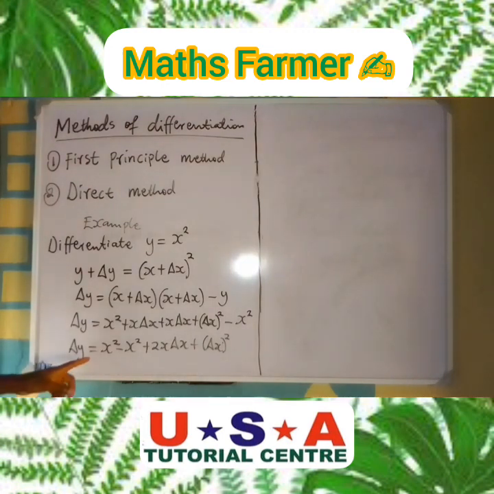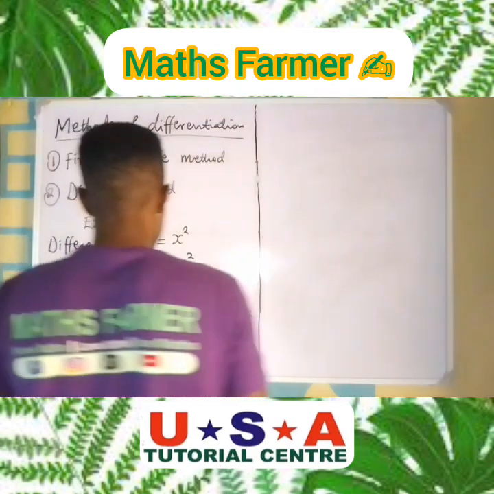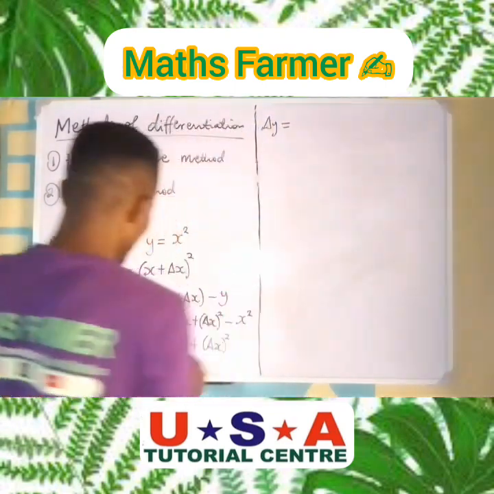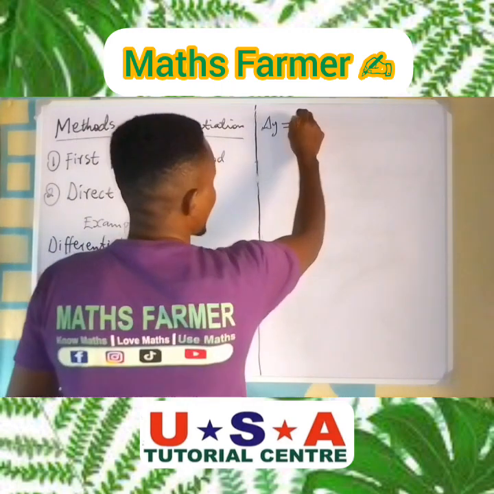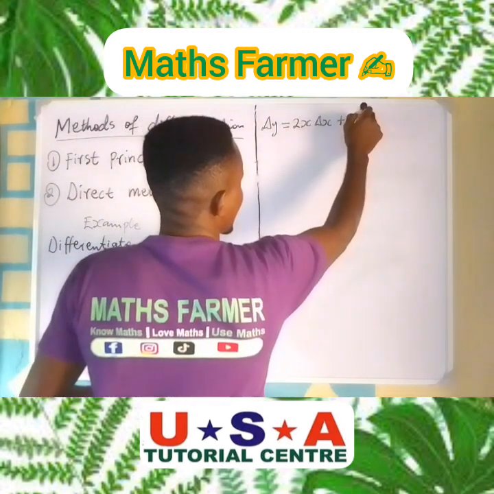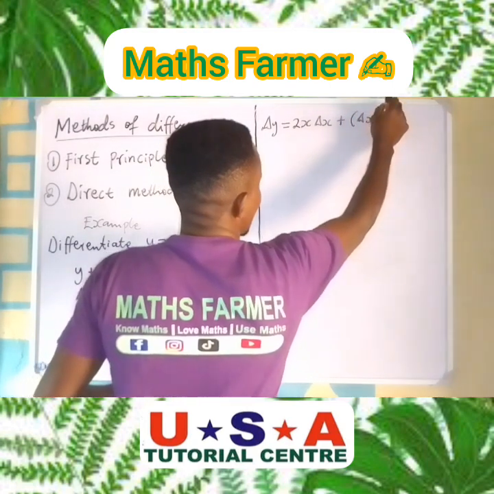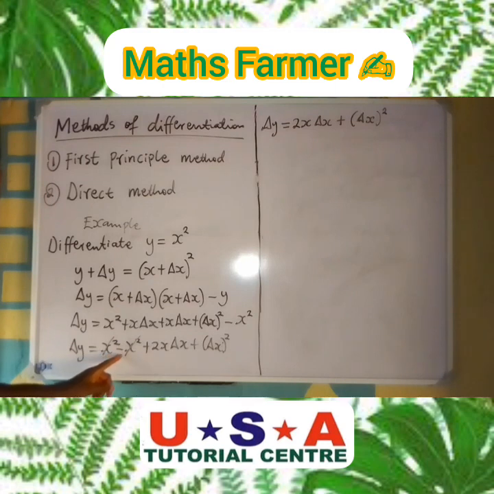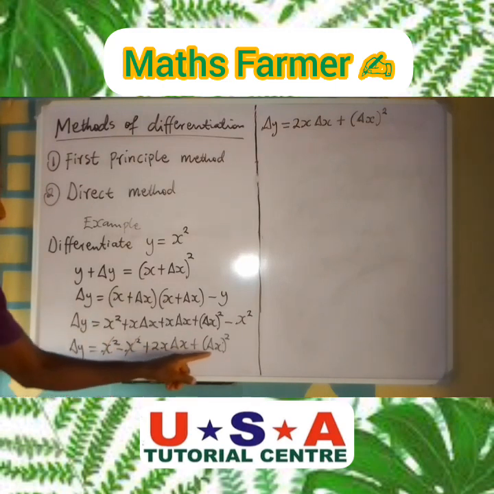Now, x squared minus x squared will be what? 0. It goes out. So leaving us with delta y is equal to 2x delta x plus delta x raised to the power of 2. We have cancelled this out, this minus this is 0, remaining this and this.